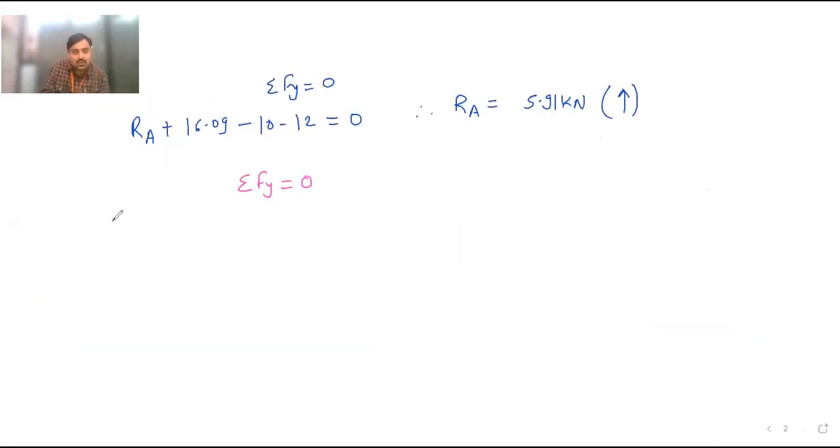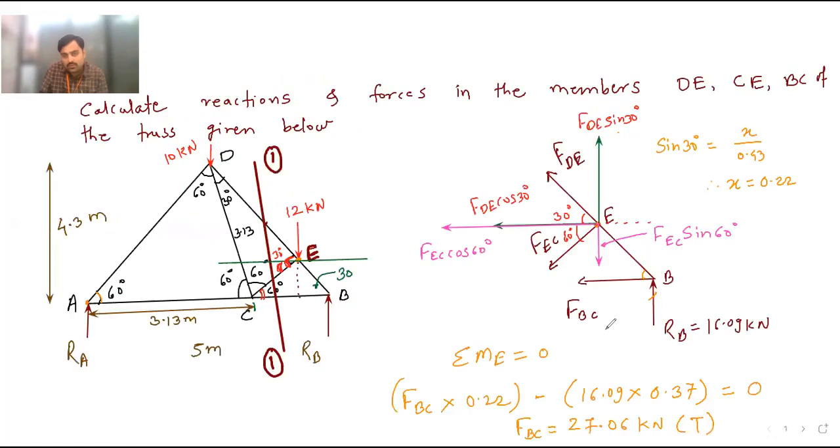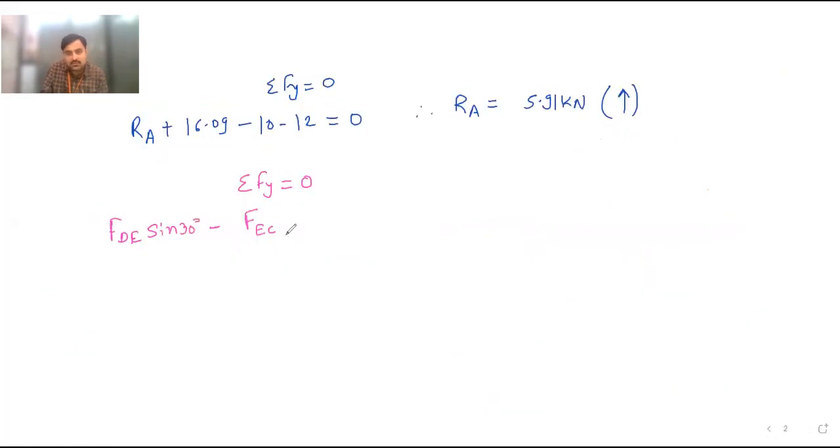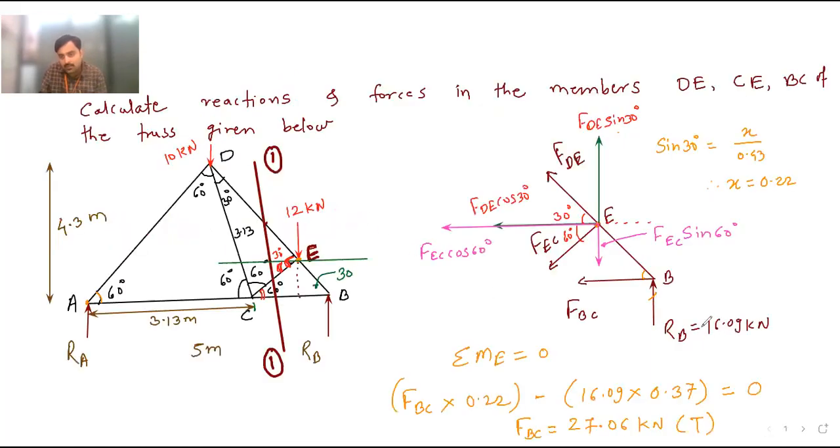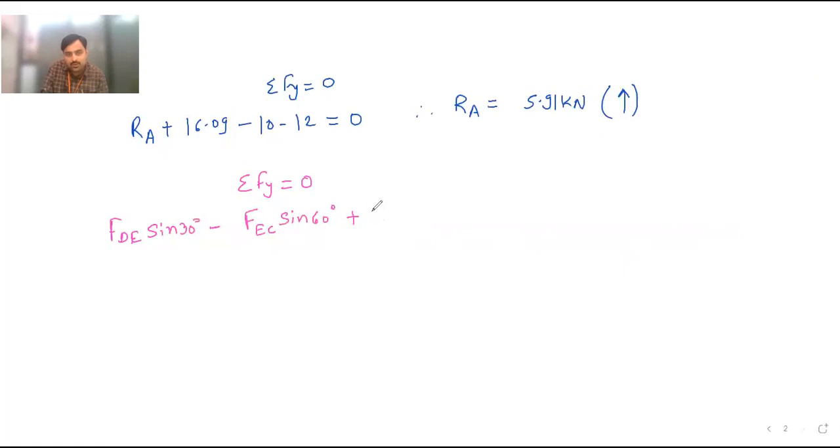Here I will write FDE sin 30, which is moving upward, positive, minus force in member EC, आणि कुठला component आहे तो sin 60, plus here RB, it is moving upward, 16.09, is equal to 0.